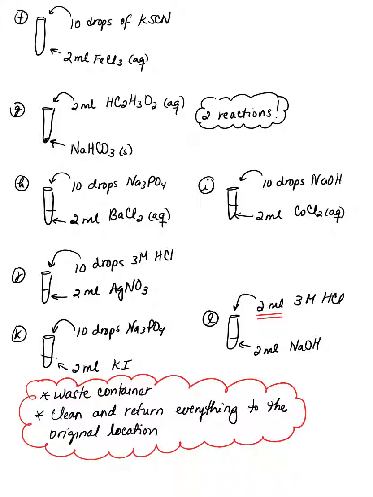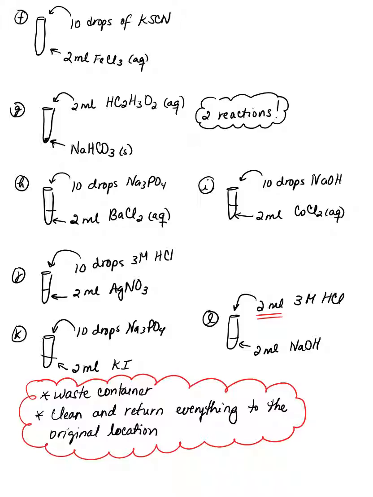So a small amount of your sodium bicarbonate, and now you're going to add 2 milliliters of acetic acid. Record your observations. In that letter G, that combination, it's going to give you actually two reactions. They're consecutive reactions, so you're getting your products first, and then your products are giving you different products, so it's two different ones.